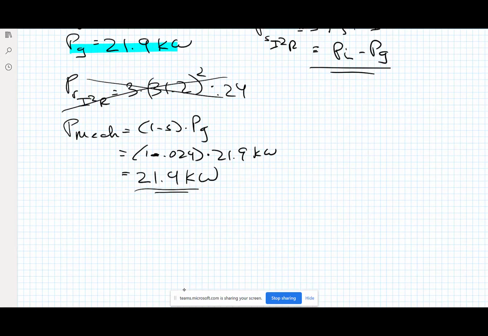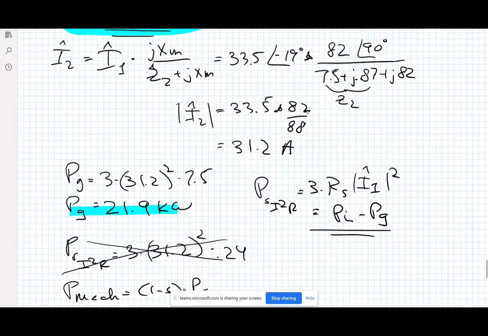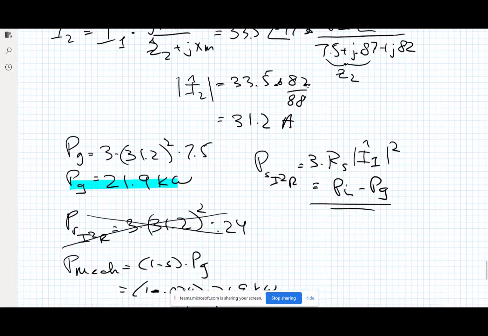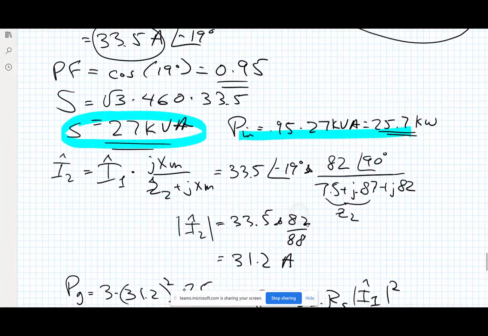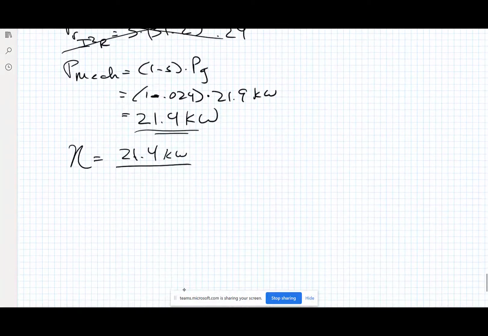So essentially the efficiency from input to output, we can check that. It's going to be 21.4 kilowatts divided by my input power, which was 25.7.